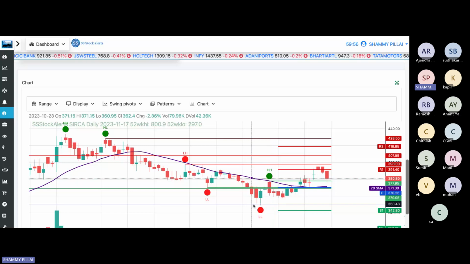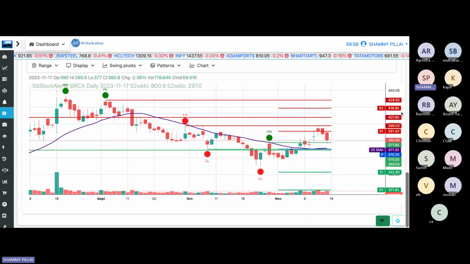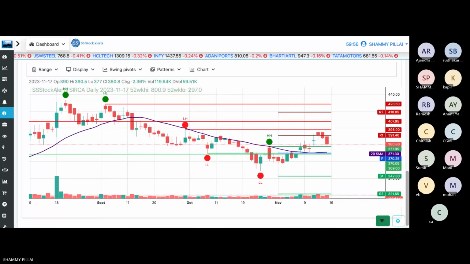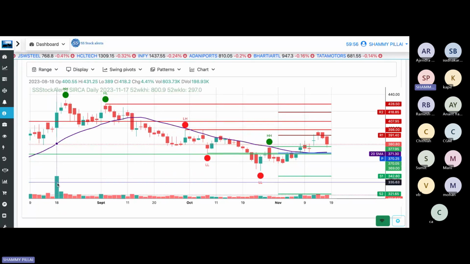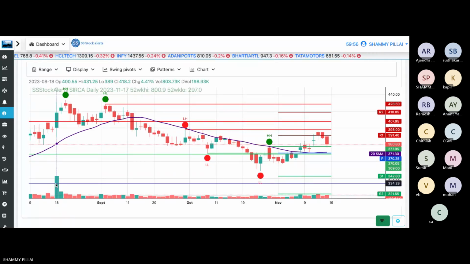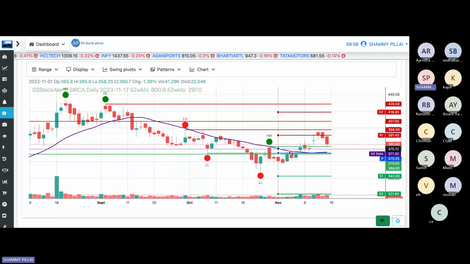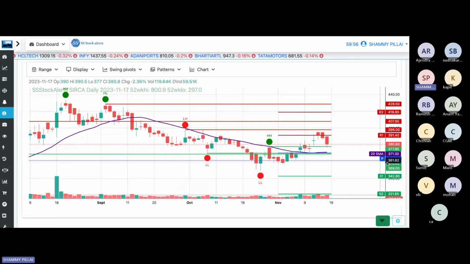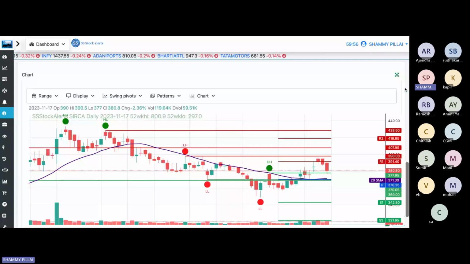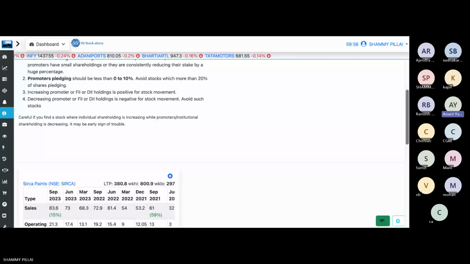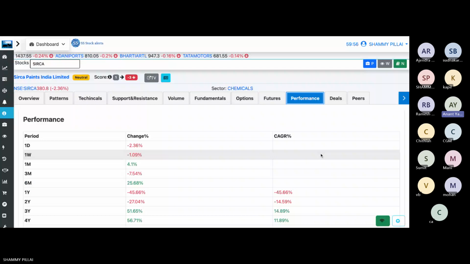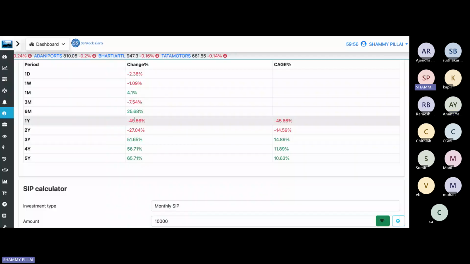Buy near this level, 350 or something. I can see only one buyer over here. That's all sellers. The trajectory is down now. See, the slope is down. Do not get into this stock. And now 1 year, 45% down.